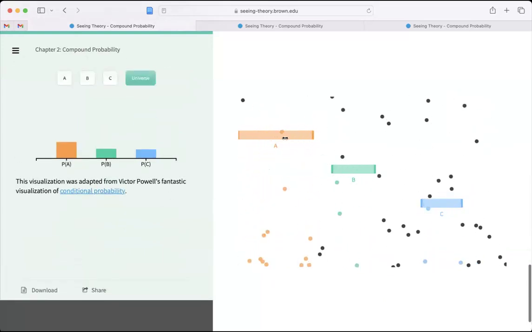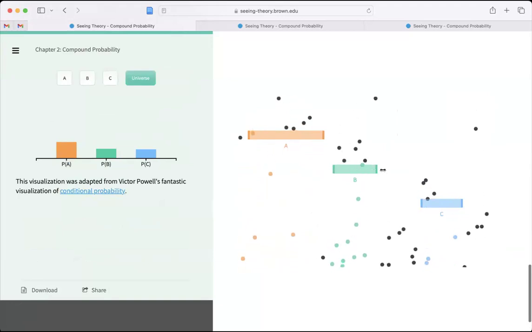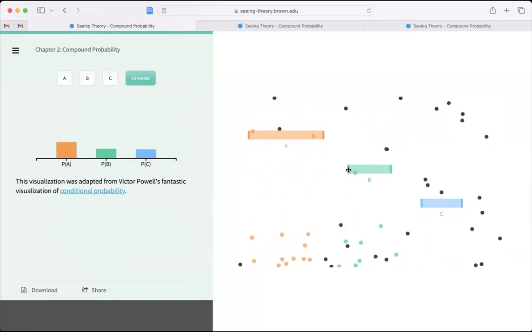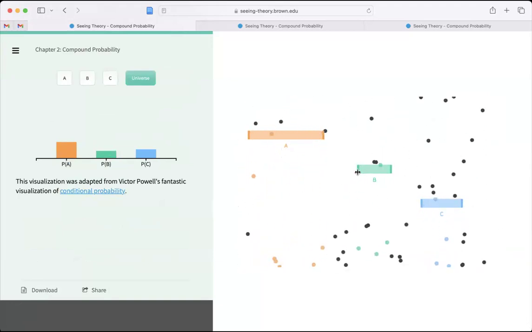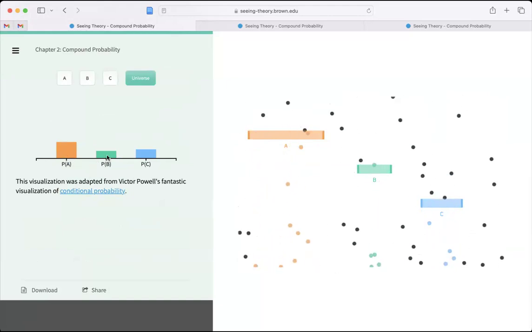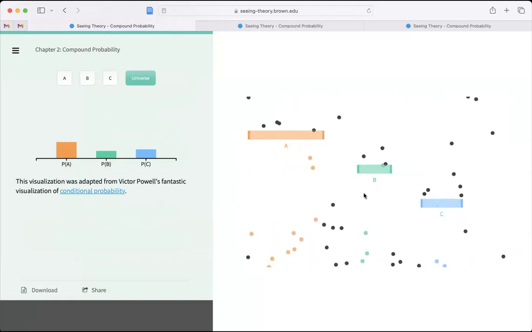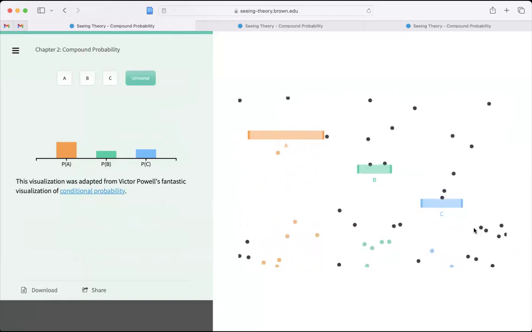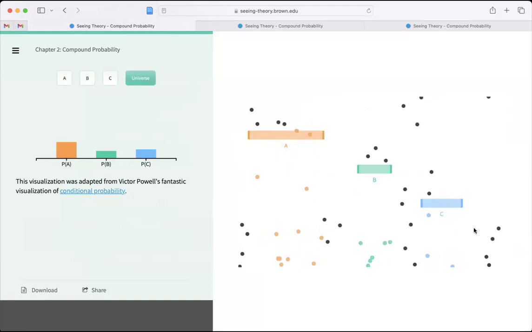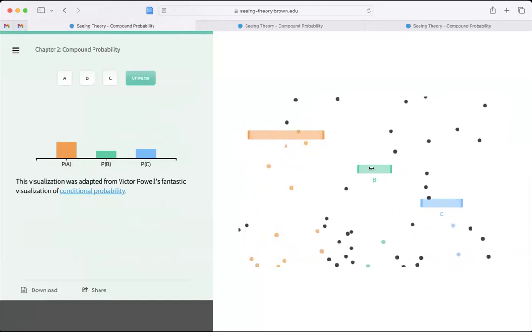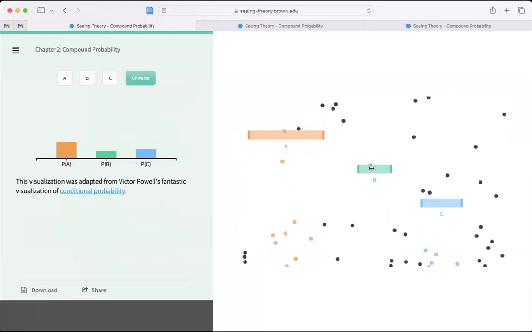You can move A around, you can move each of these around and adjust everything. Here you can see all the probabilities for A, B, and C. I think this is the easier version of comparing independence and mutually exclusive: if two things are mutually exclusive, you know that there's no overlap.